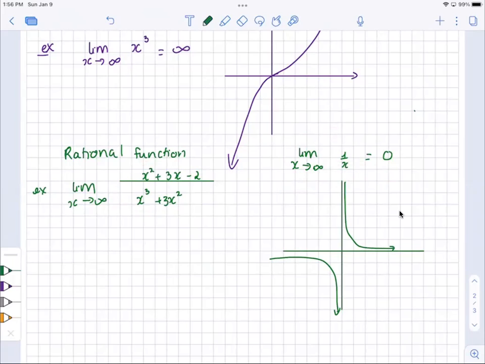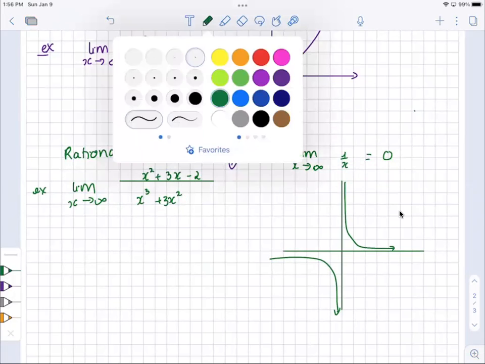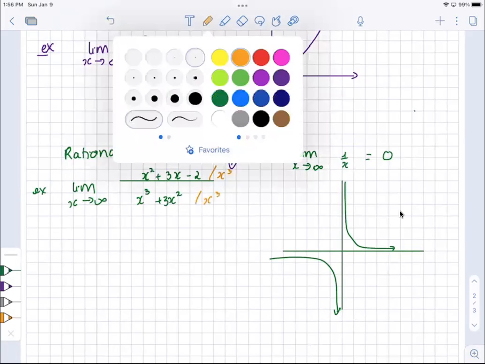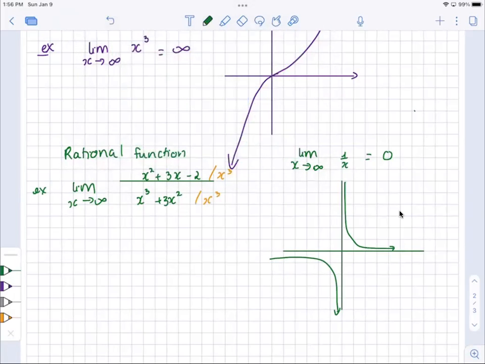Now I'm going to divide the top and the bottom by the highest power of the denominator, which in our case is x to the third. So I'm going to divide top and bottom by x to the third, and let's see what it gives us.